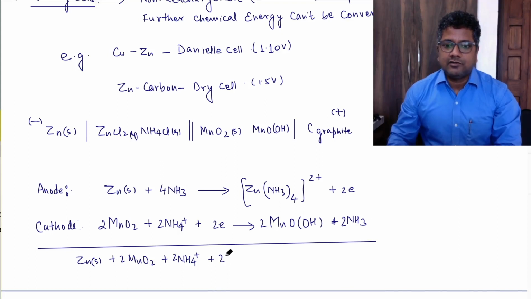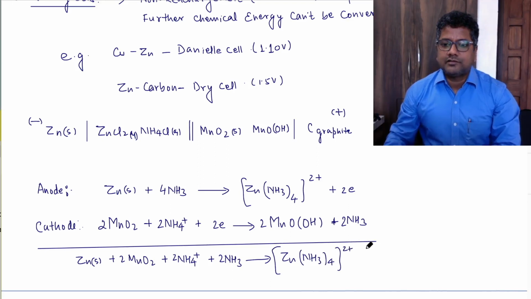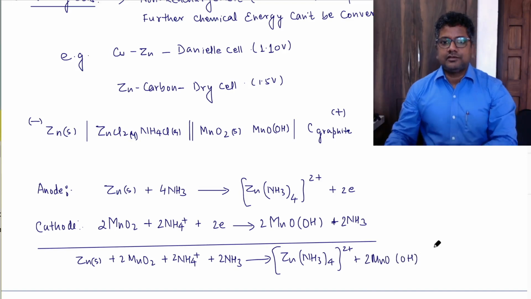The electrons cancel, 2 ammonia is left. Zn(NH3)4 2+, 2 MnOOH, right?